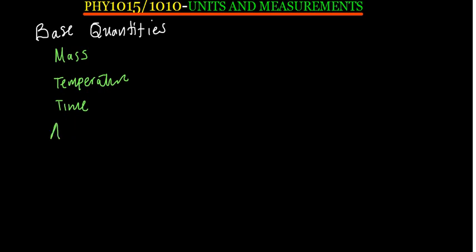So we say the amount of substance. I'm going to say amount. What other base quantity do you know? There's supposed to be seven of them. Anyone? Any base quantity you know? Yes, now, luminous intensity, very good. Anyone else with another one? Length, very good. Anyone else? Yes. Amount of what?